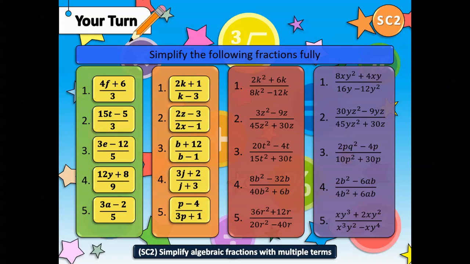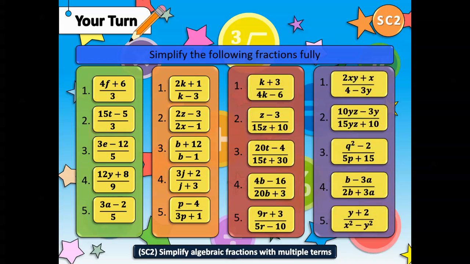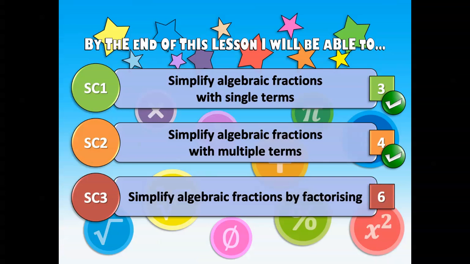There's your amber answers. There's your red answers. And there's your purple answers. So now we've completed success criteria 2.